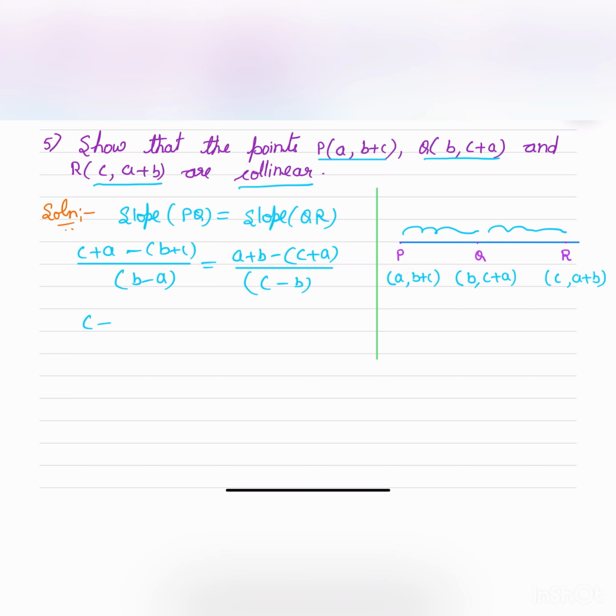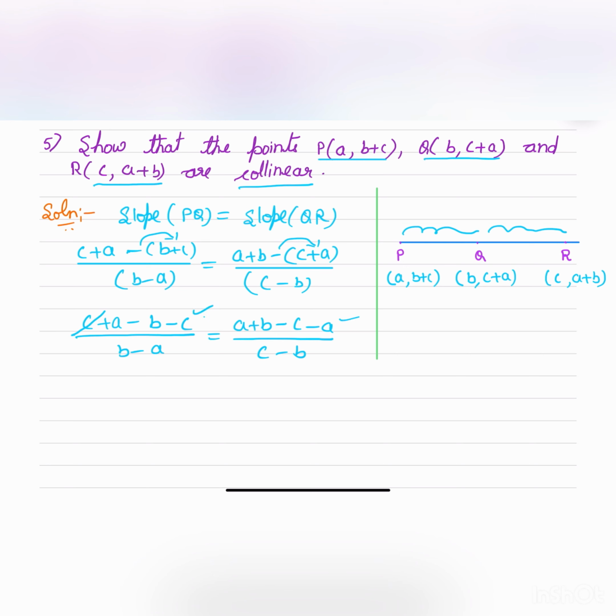Let us simplify this. (c + a - b - c)/(b - a) = (a + b - c - a)/(c - b).